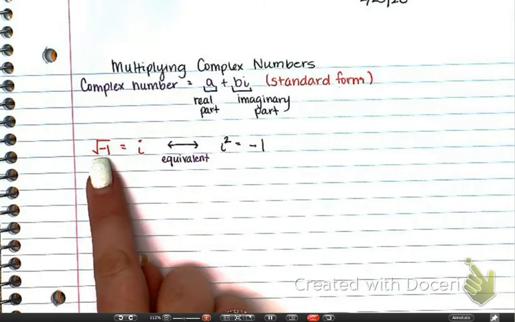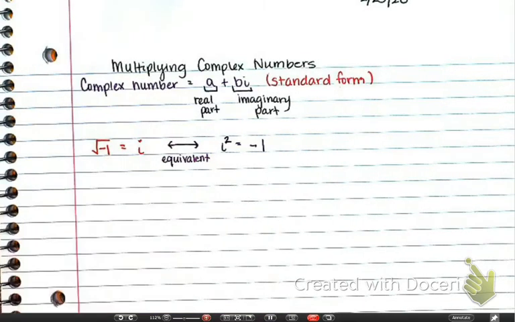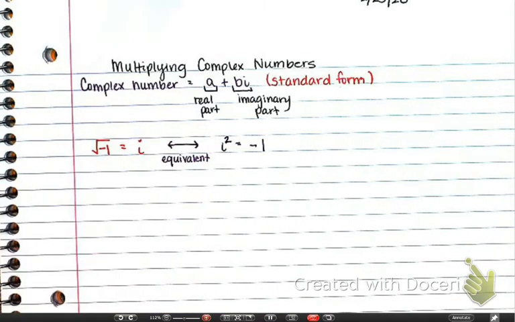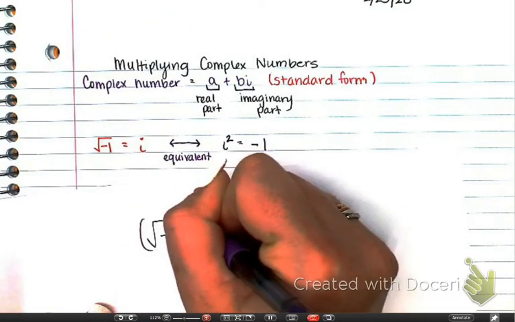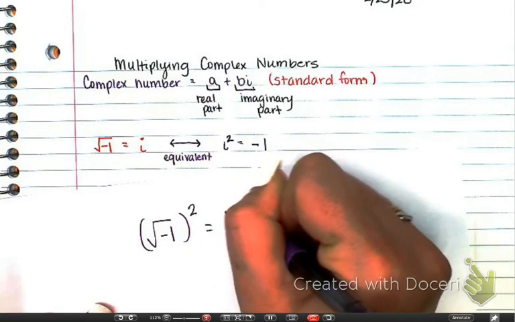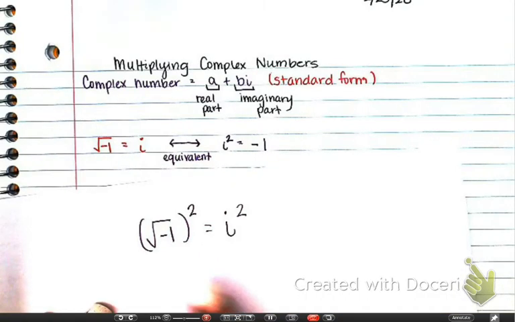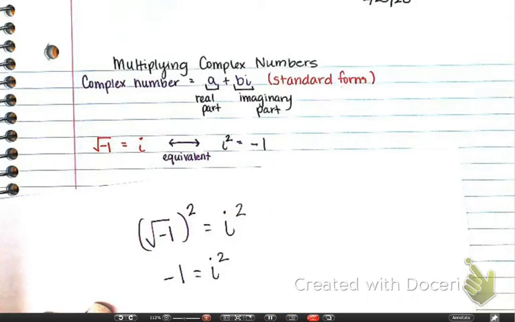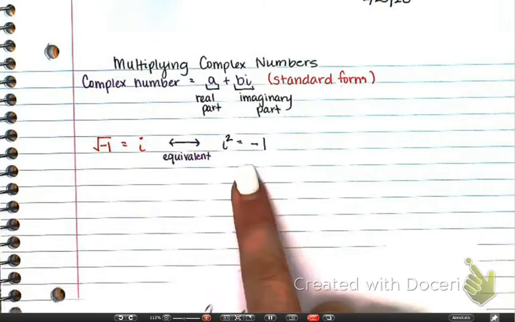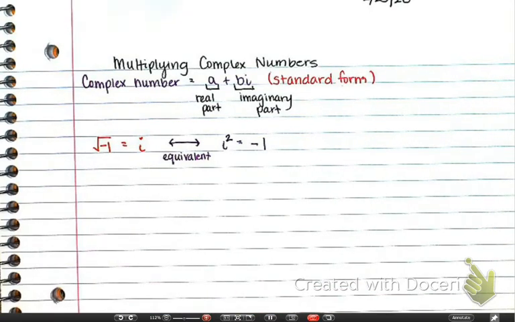Who remembers how do we get rid of a square root? We square it, right? To get rid of a square root, I square it. And whatever you do to one side, you have to do to the other side. Well, if I want to get rid of this, -1 equals I squared. Okay, so these are equivalent no matter how we write them. The square root of -1 is I. I squared is going to be -1.